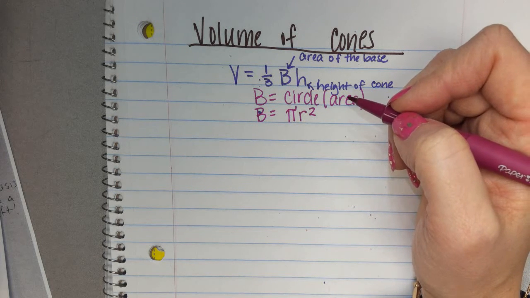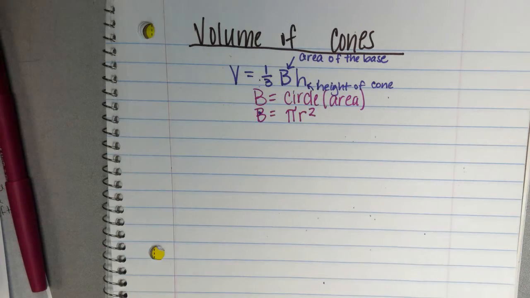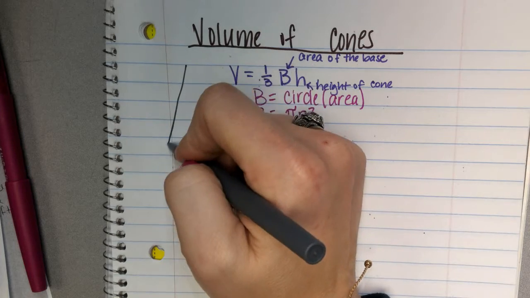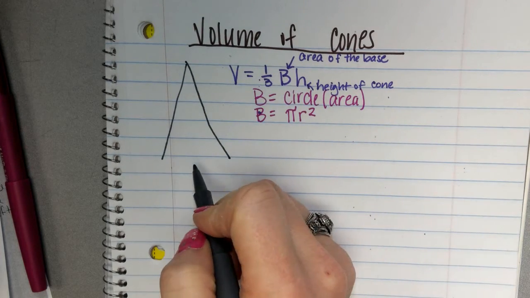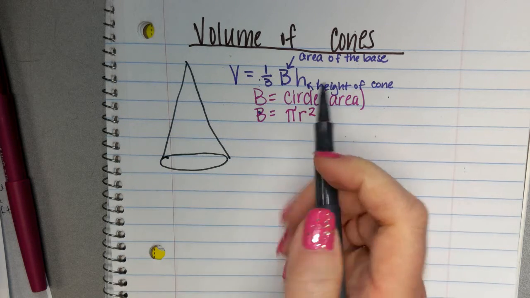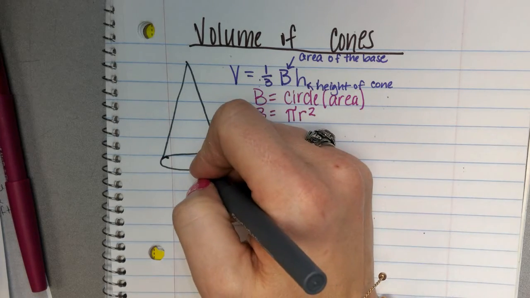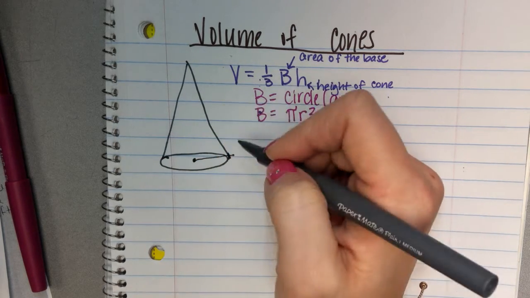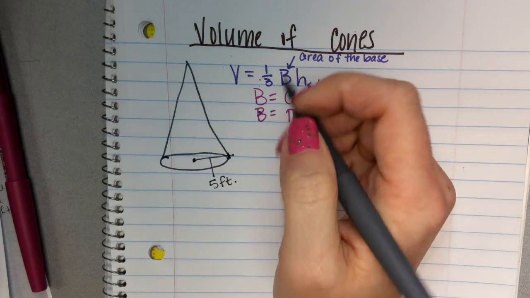So I'm going to draw you an example. It's kind of like you have a triangle with a circle bottom, okay? And that shows us what our radius is, 5 feet.